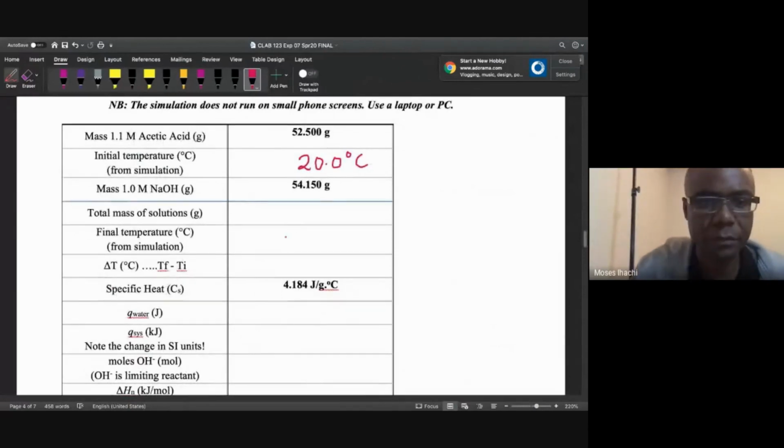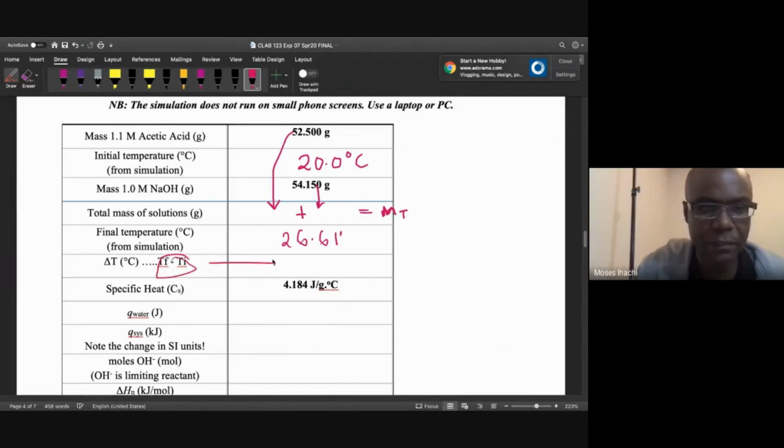Final temperature, 26.61. Total mass, just add up these two masses of the reactants in the system, you get M total. It's not molarity, it's the mass. So you know how to find change in T. It must be positive.